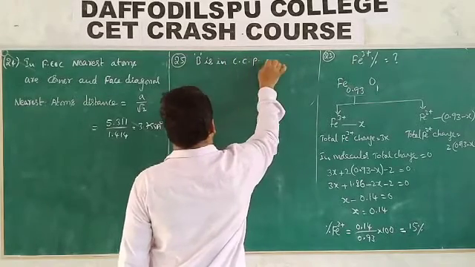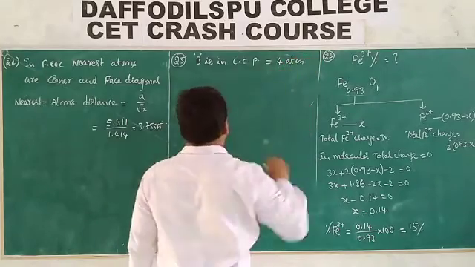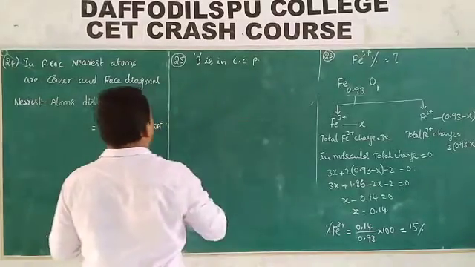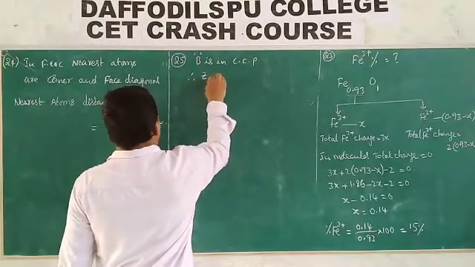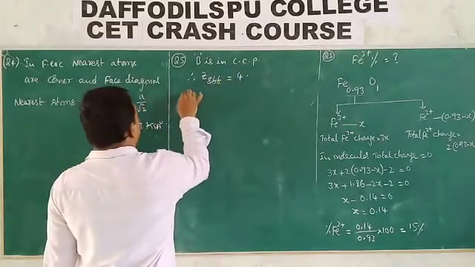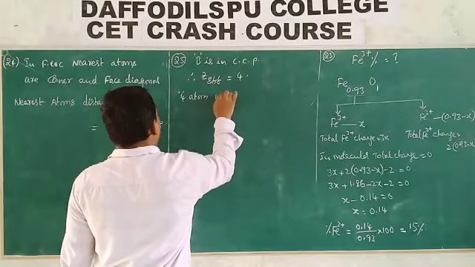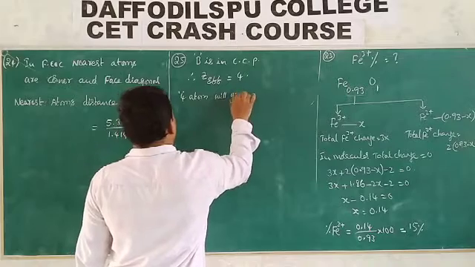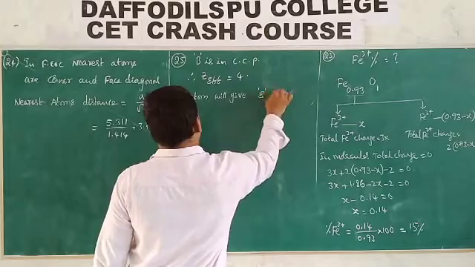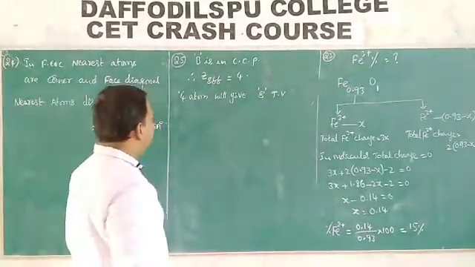In CCP, the effective number of atoms is 4. 4 atoms will give 8 tetrahedral voids.